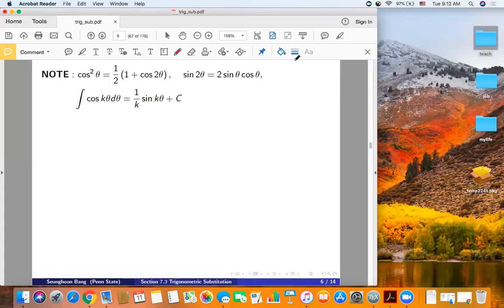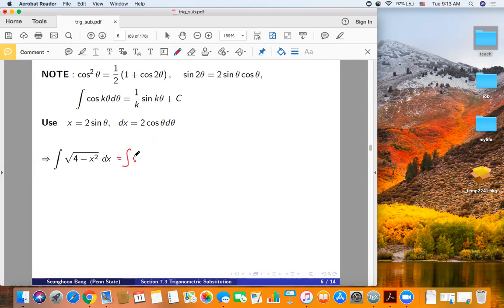Next, we are going to our problem. So far we use x equals 2 sine theta, dx equals 2 cosine theta d theta. You can solve the integral of the square root of 4 minus x squared dx. So you can substitute.